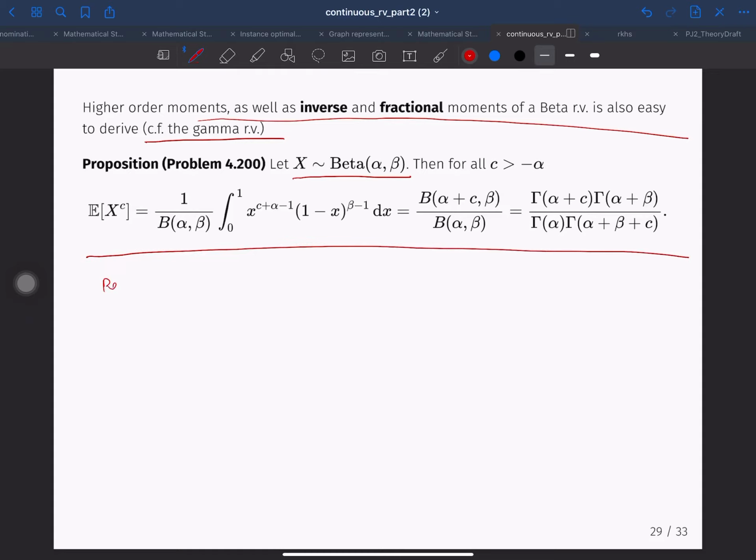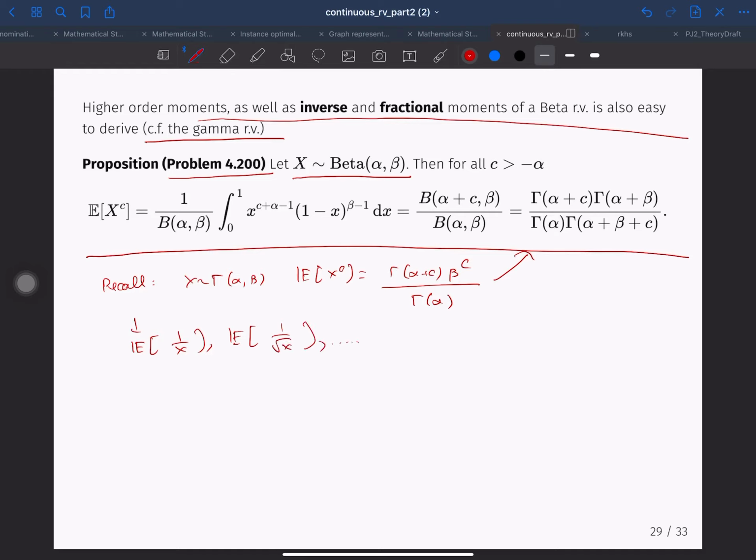Recall, in the case when x is gamma alpha beta, the expected value of x to the power of c is gamma alpha plus c, beta to the power of c, divided by gamma alpha. So try to compare these two expressions here. But in any case, this is problem 4.200 in your textbook, and this allowed us to compute the expected value of 1 over x, the expected value of, say, 1 over square root of x, and so on and so forth.